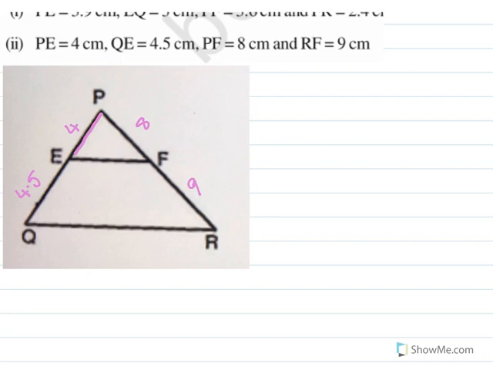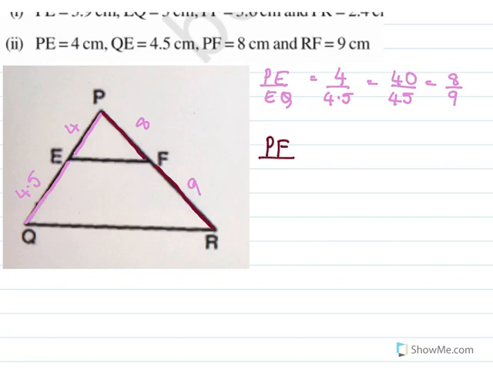So first we will find the ratio of PE over EQ. So we have PE over EQ is 4 over 4.5. To remove the decimal, I'll get 40 over 45, and this is 8 over 9. Now on the other side we have to find PF over FR. So PF over FR, which is 8 over 9. So we see that PE over EQ is equal to PF over FR.